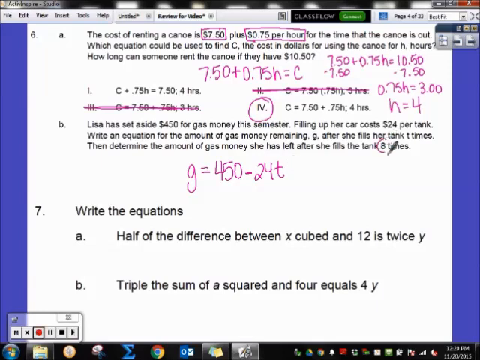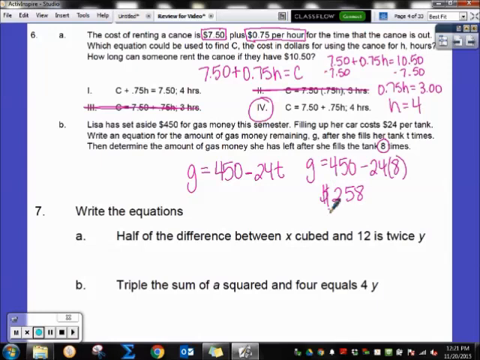If we want to know how much she has left after she fills her tank 8 times, we're going to plug in 8 for T. So G equals 450 minus 24 times 8. And whenever we solve that, we end up with $258.